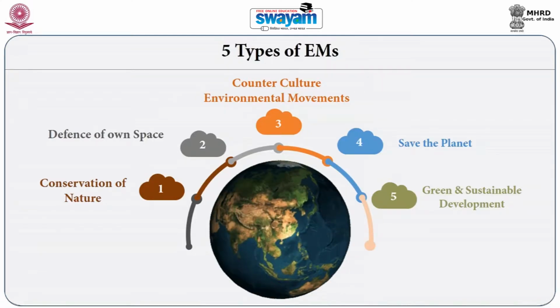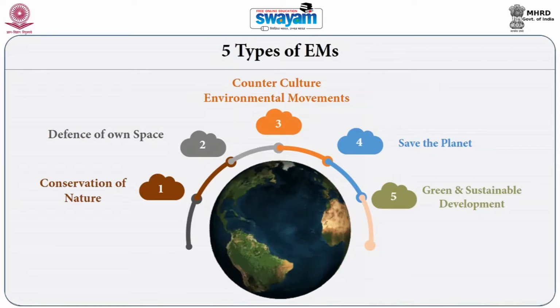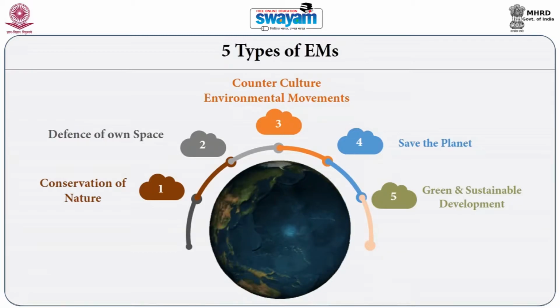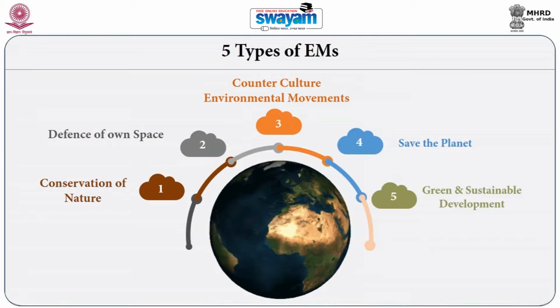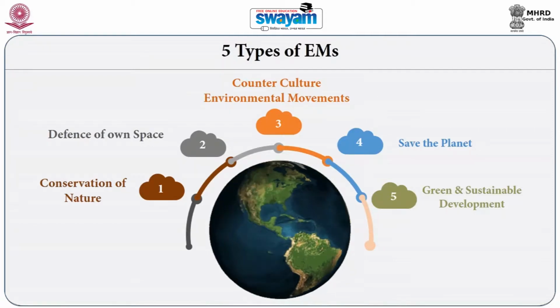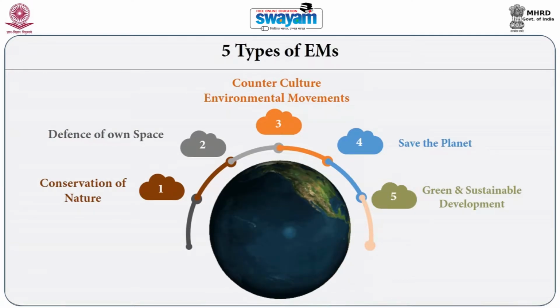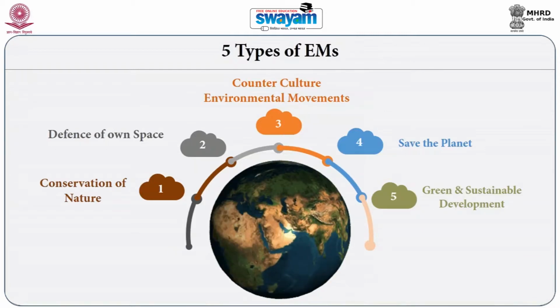Environmental movements also include activities and efforts for environmental reconstruction. So environmental movements include a wide range of activity which may involve protest against the system, and which may also include actions along with the system, along with the state, for environmental reconstruction or for restoration of nature.